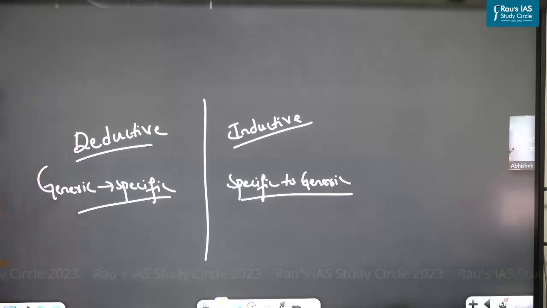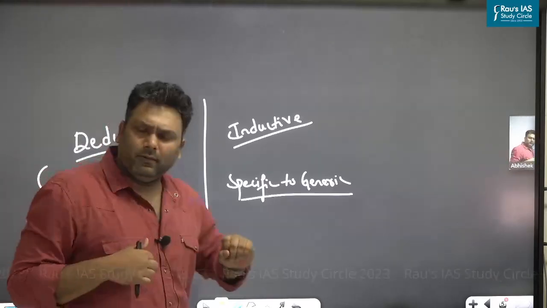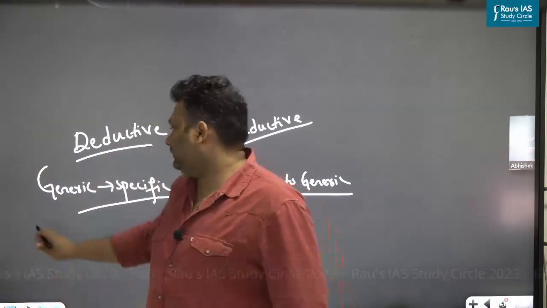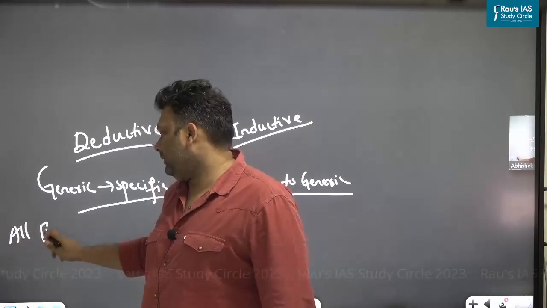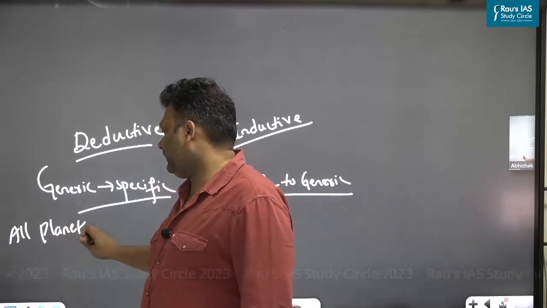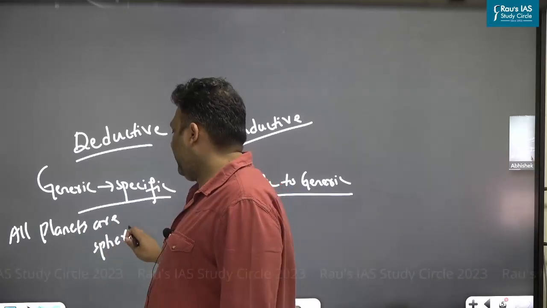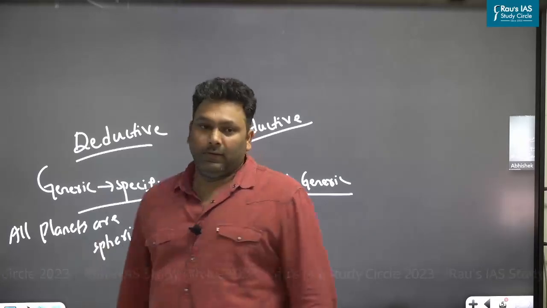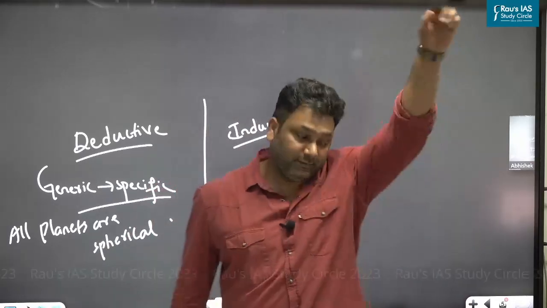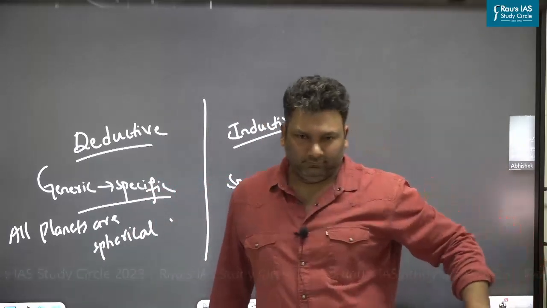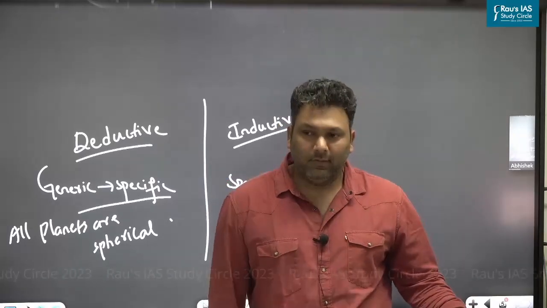Now, you're saying that all planets are spherical. On what basis are you saying that the planets are spherical? What's the basis?